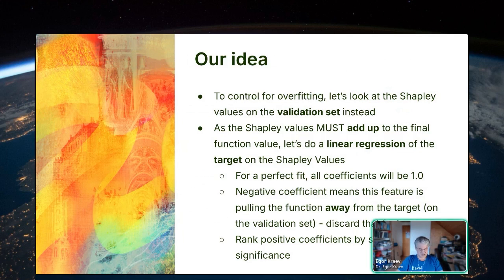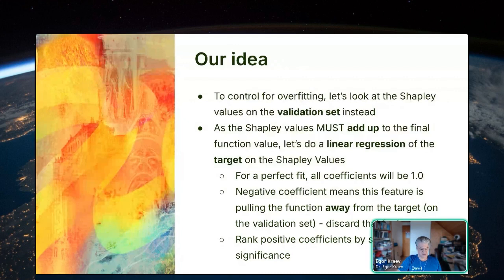The Shapley values must add up to the actual function value, and to the value of our model in this case, which means we are now in additive territory, which means we are in classical statistics territory. So we can do a linear regression of the target on the Shapley values.